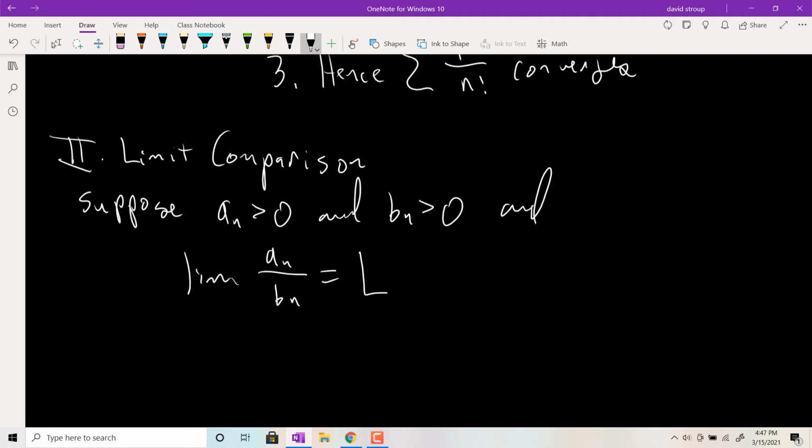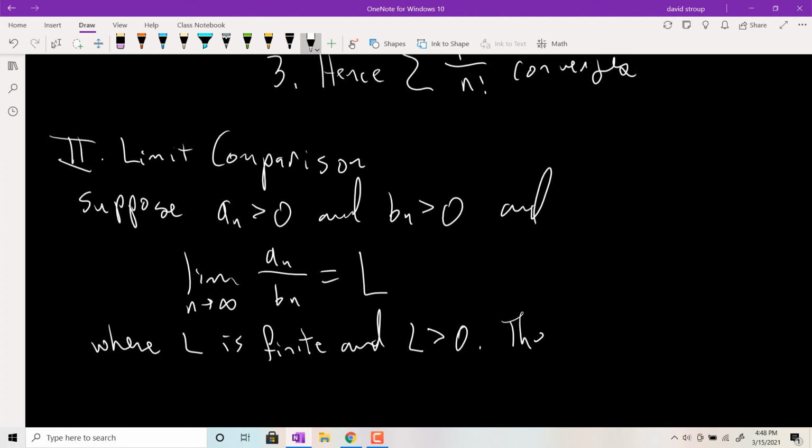So the limit of a sub n over b sub n as n goes to infinity is equal to L, where L is finite and L is greater than 0. Okay, in that case, the series will have the same behavior.